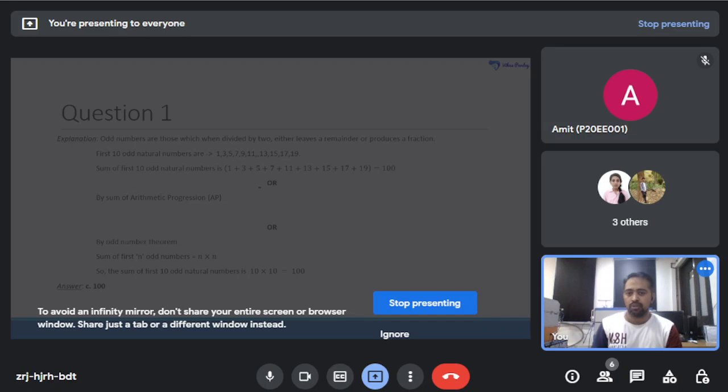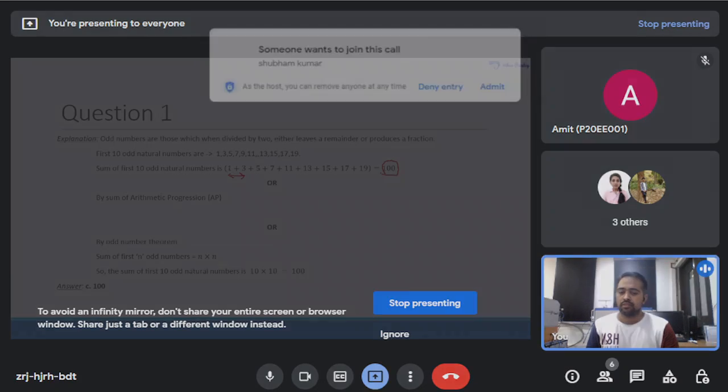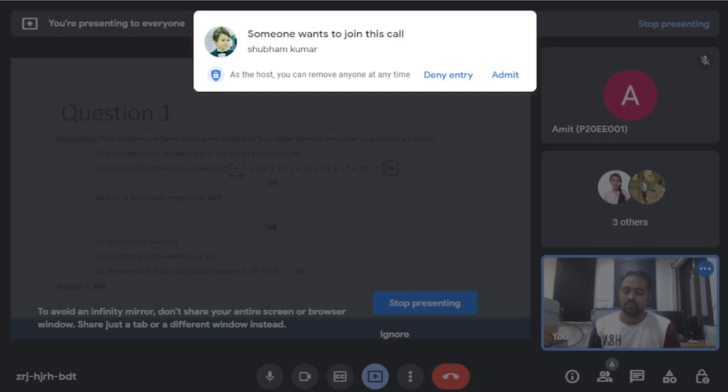If we add them all, mathematically, it is an arithmetic progression having a difference of 2.